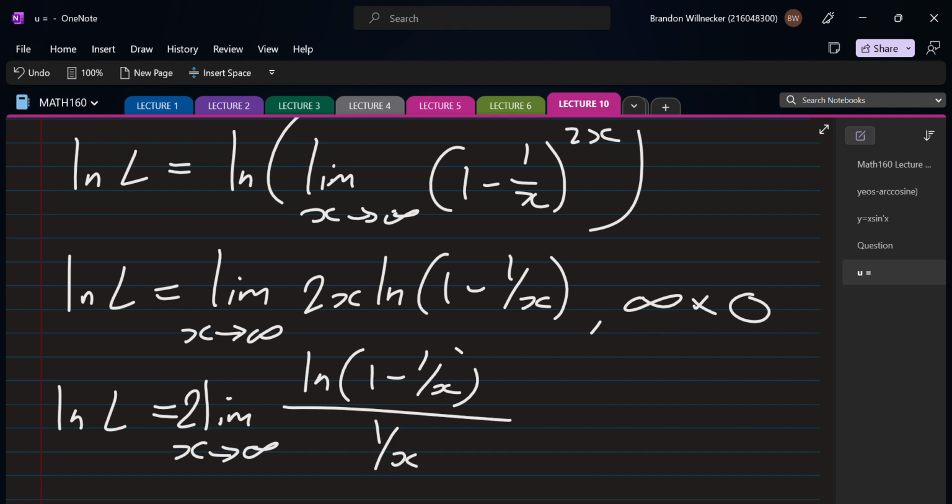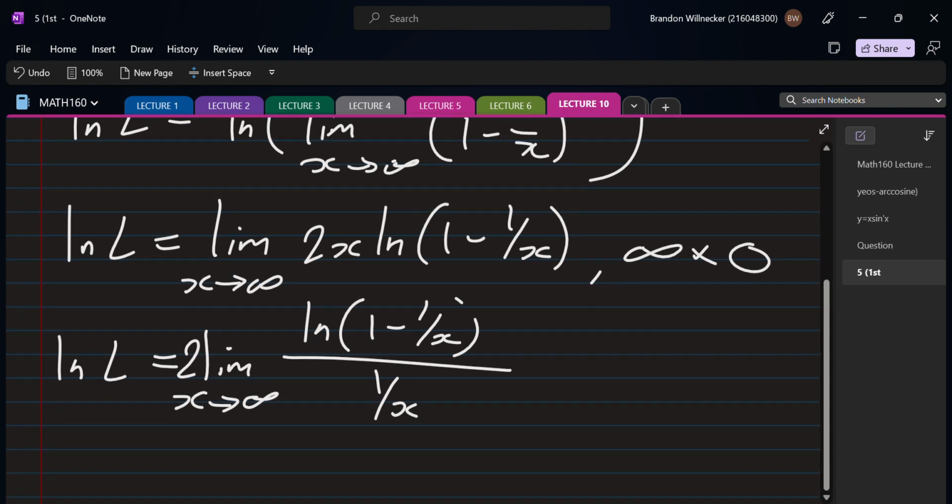So the x that we had in the numerator previously, we're going to write as 1 over x in the denominator. A lot of students did get to this point, which is good to see, but then the derivative went wrong. So let's see. Why did I put the natural log in the numerator? Well, when I differentiate the natural log, I'm going to have 1 over that term, and then we do the chain rule.